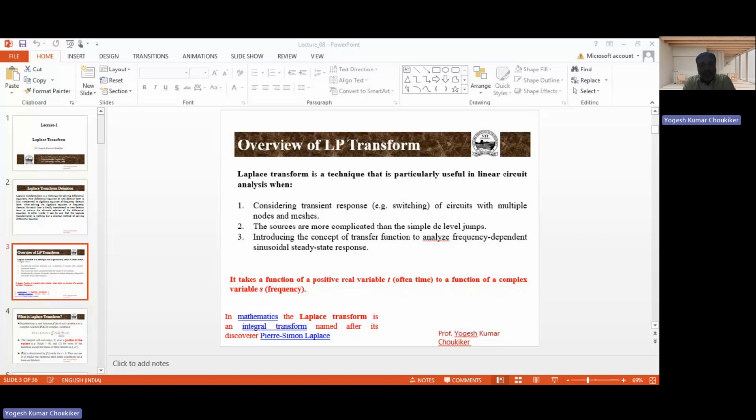For the case of 0, it completely becomes 0, but for the case of 1, it is 1 multiplied by e to the power minus st. If you do the further solution for e to the power minus st, it becomes 1 by s. So in short, when you take the Laplace of the unit step function, it will become 1 by s.